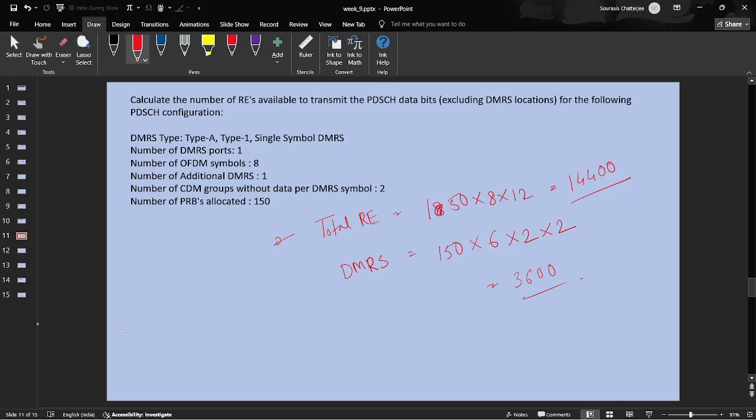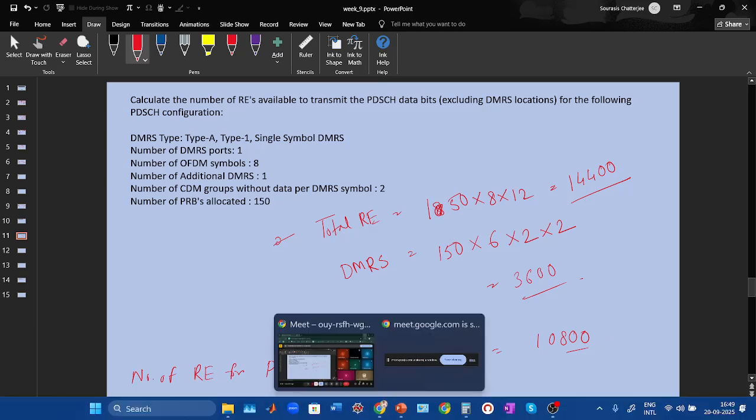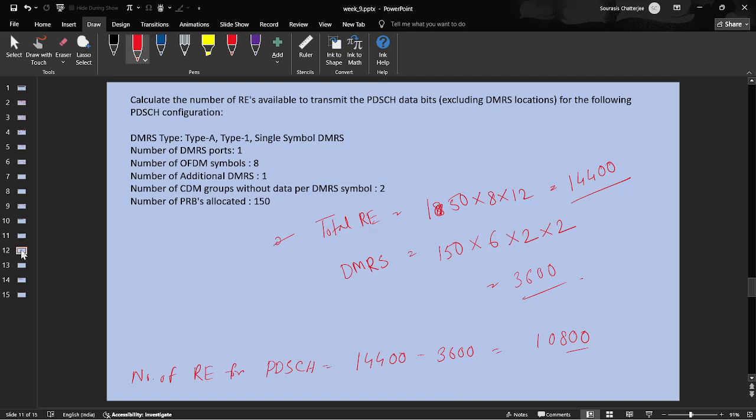So the number of REs available for PDSCH we can obtain as 14400 minus 3600, that is 10,800. So let us move to the next part.